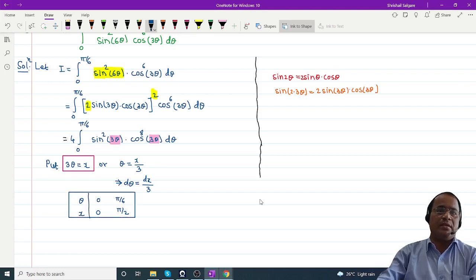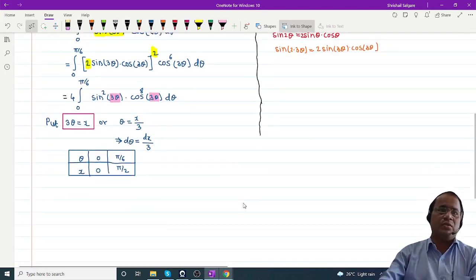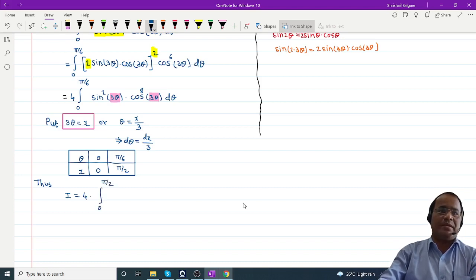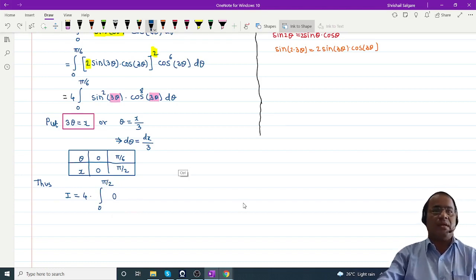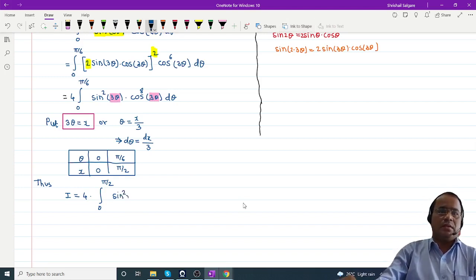Therefore that integral can be simplified. I is equal to the integral, the 4 outside remains as it is, 0 to pi by 2, those are the new limits, sine square x into cos x raised to 8, and d theta is given by dx upon 3.